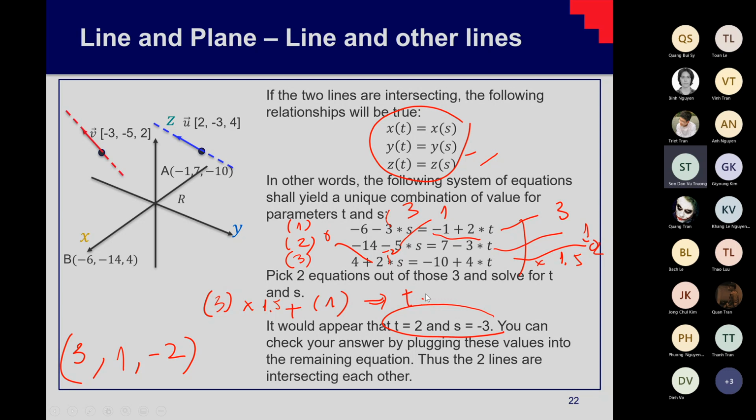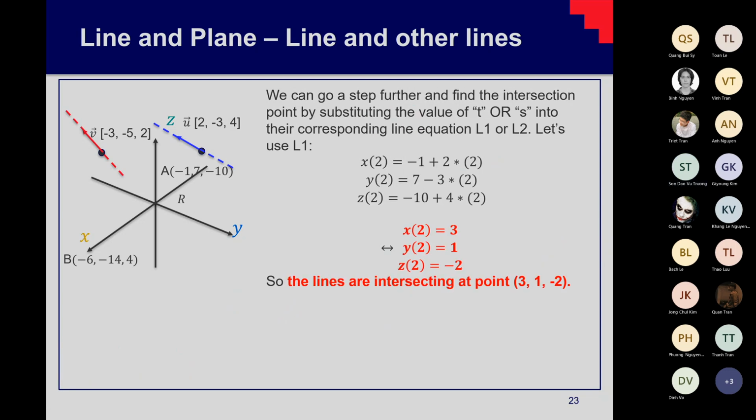If not, then let's move on. We can also go one step further. As I've mentioned before, we have found the solution, so the lines are actually intersecting at the point (3, 1, -2). That is the result that we have just now.